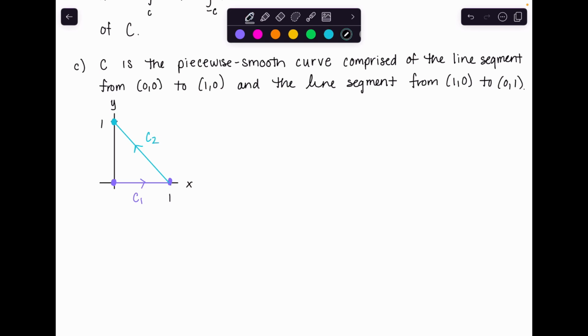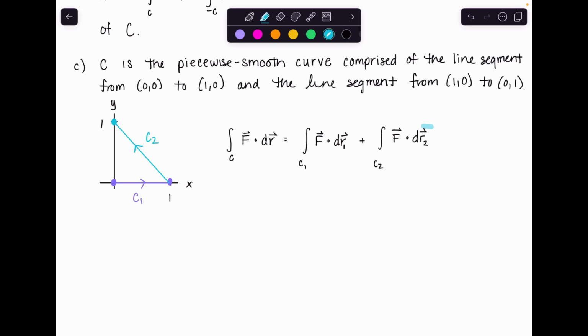So if I want to find the line integral over this whole curve, I'm going to break it down and find the line integral over C1, and then add the line integral over C2. Now the problem is I don't want to use the same r here, because these are going to be two different vector functions to describe each of these curves.